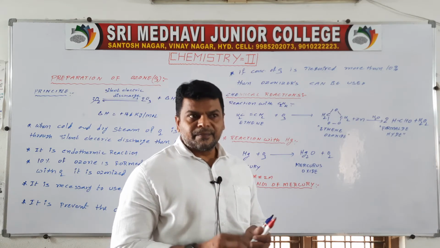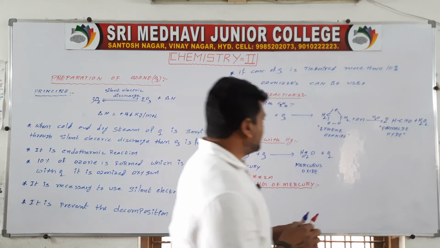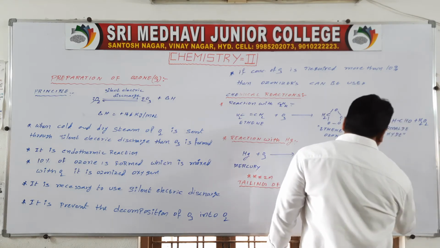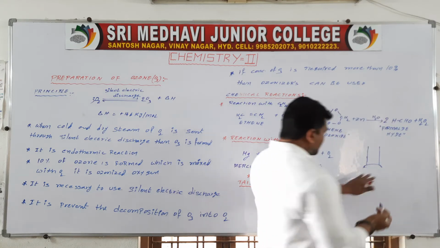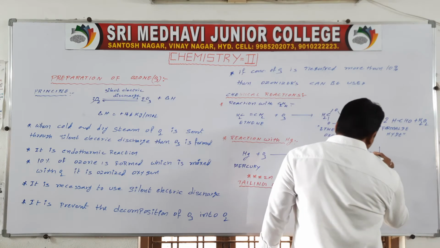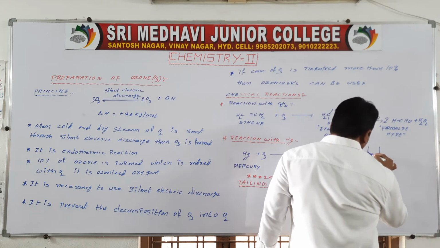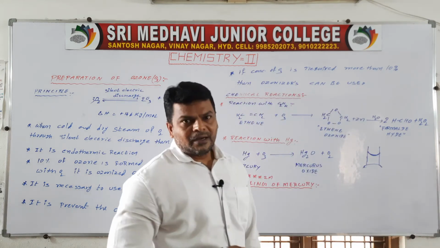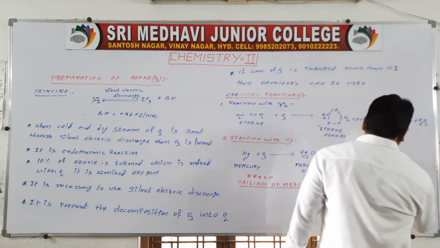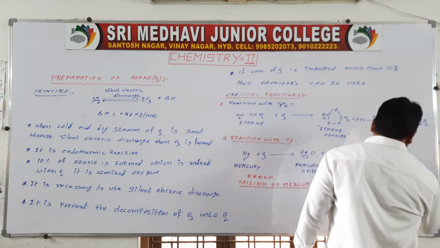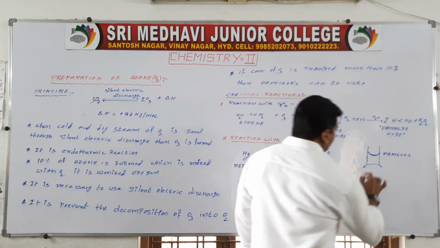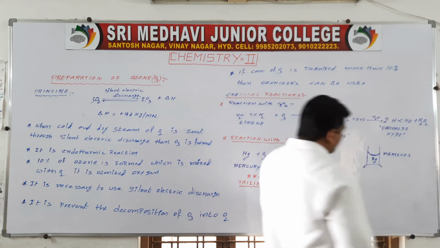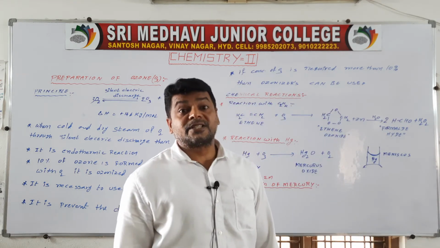Mercury has a meniscus. Meniscus means if you take mercury in this, it will give this type of shape, this is called meniscus. Mercury gives a meniscus and a lustrous nature.